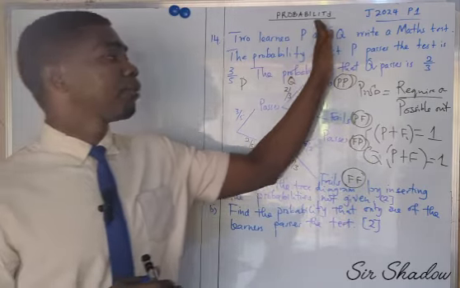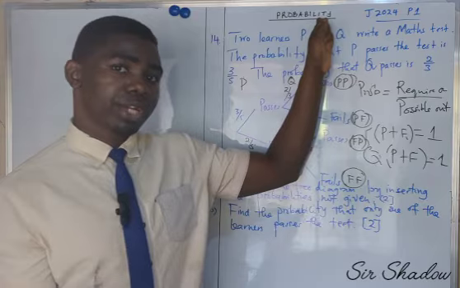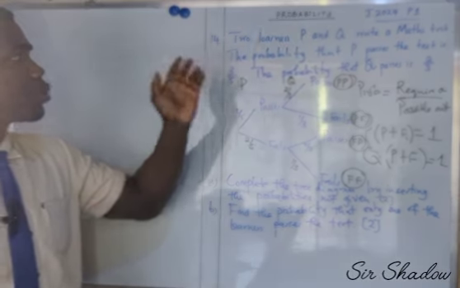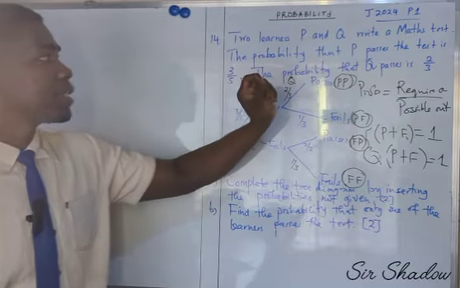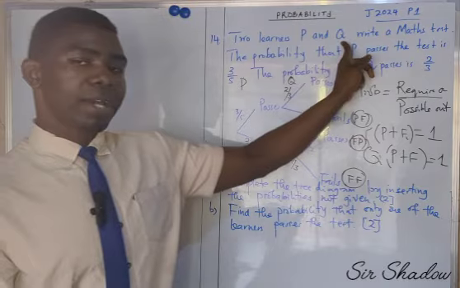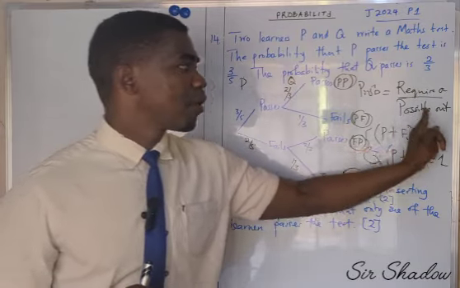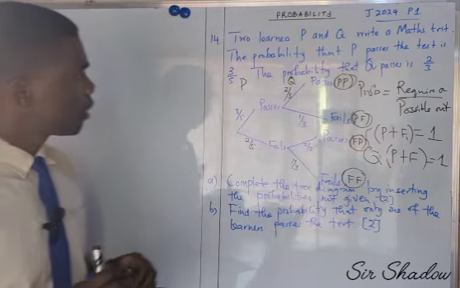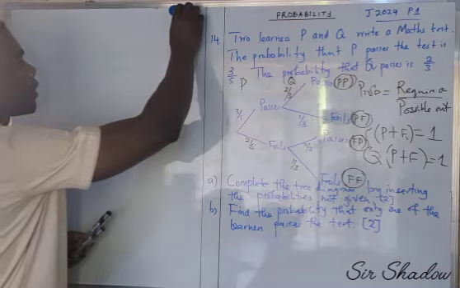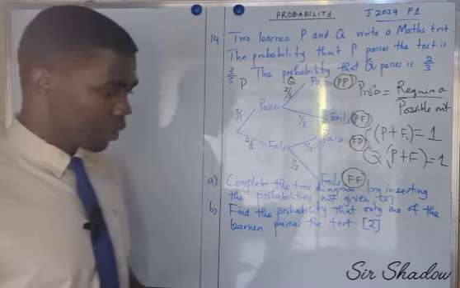Probability is defined as the likelihood that an event might occur or not occur. So there is an event that P will pass or P will fail, and Q will pass or Q will fail. We also have to be familiar with these key terms when considering probability.